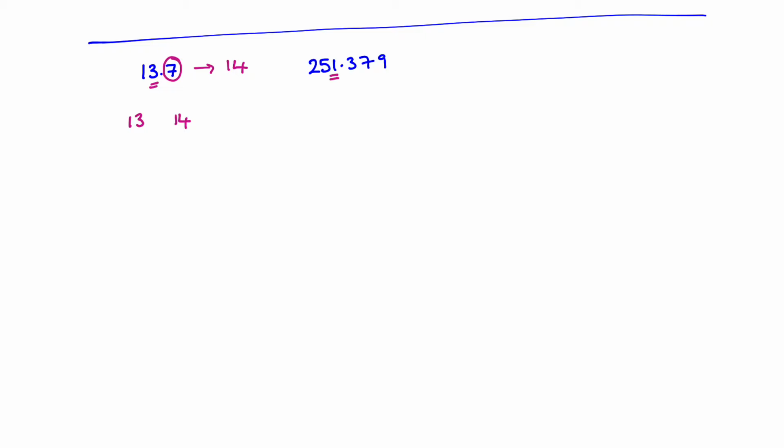So we look at the 3, and because the 3 tells you to leave the number as it is, you don't round up with a 3, so we leave it at 251. And remember what we've talked about before, any digits that come after this 3 are not relevant to the rounding at all. It's only the 3 that we use for the rounding.